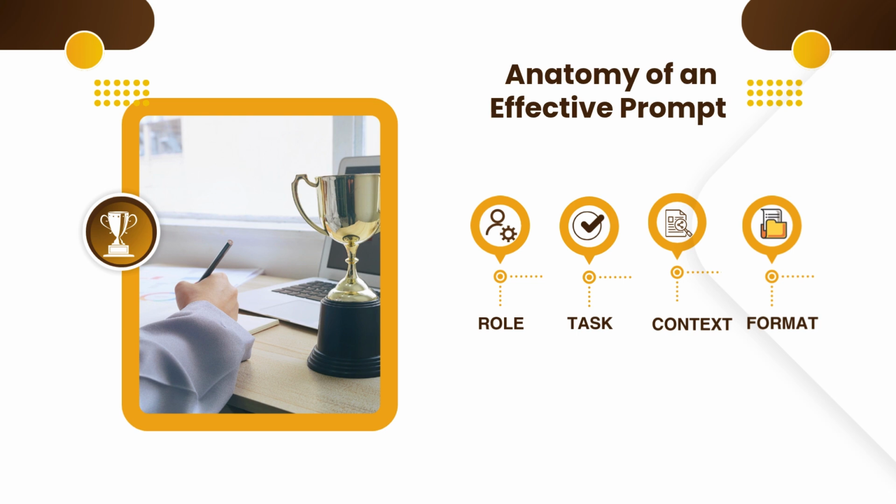One gets you noise, the other gets you insights. So, whenever you're crafting prompts for financial analysis, ask yourself, did I include role, task, context, and format? Master this formula, and your AI output will be far more useful and far more professional.